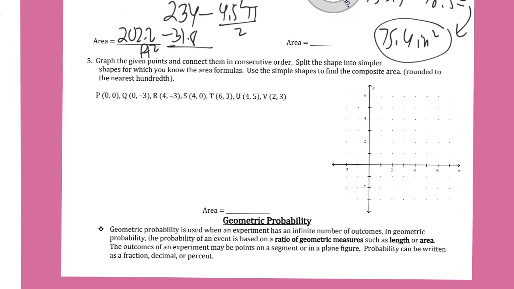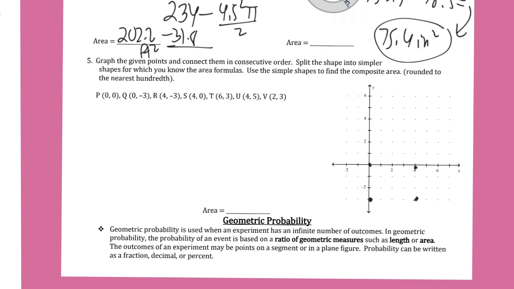The next one's kind of cute. If you plot these points, you're going to get a figure, and then we can find the area of it. So we've got 0, 0. We've got 0, -3. We have 4, -3, pardon me.